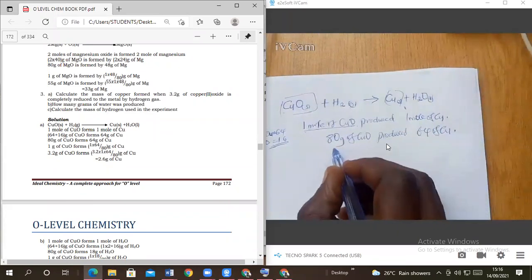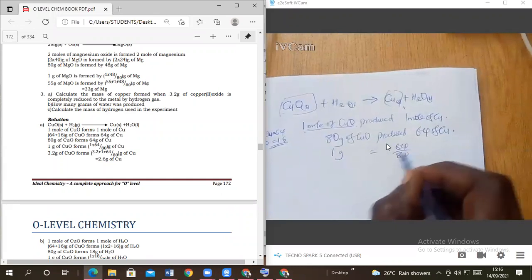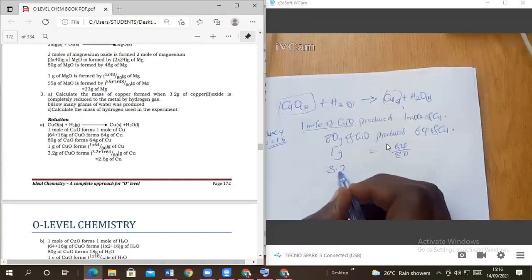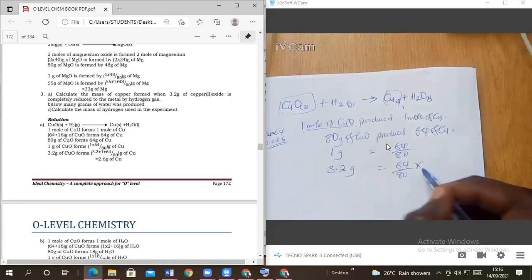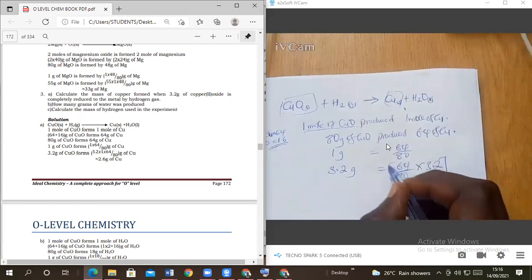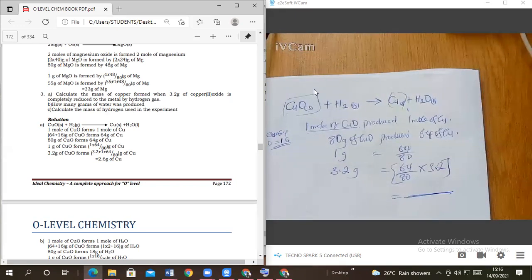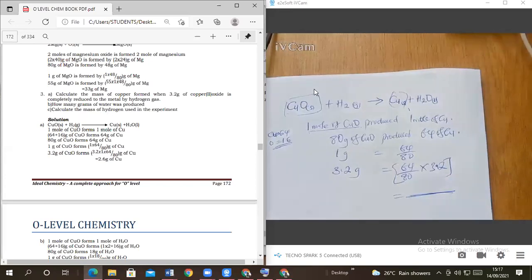So what about 1 gram? The same as 64 divided by 80. What about 3.2 grams? This is the same as 64 divided by 80 times 3.2. What is the answer? I'm still calculating.